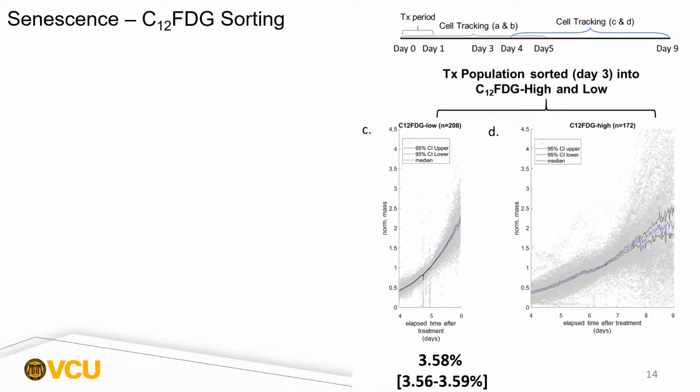Those with a low presence had regained the growth of vehicle cells by day 4 after treatment. In contrast, the C12FDG high cells continued, as a median, growing at 1.29%, but you can see there is a vast change in outcomes by day 7 or 8.